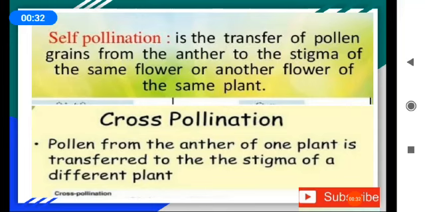But in cross-pollination, pollen from the anther of one plant is transferred to the stigma of a different plant. So cross-pollination takes place in two different plants.